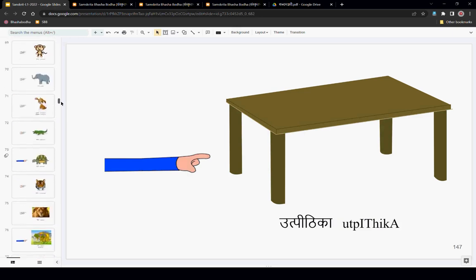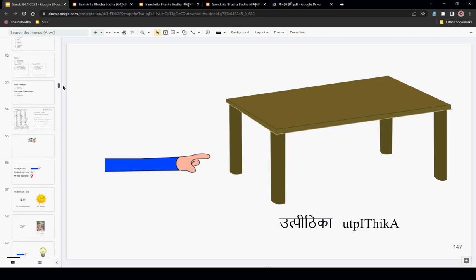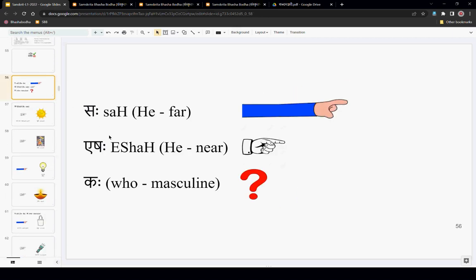And then if you want to ask the question, here, like saha, if it is far away, for Pullinga words. Eshaha, if it is near, Pullinga words. Then kaha, to ask the question. Kaha saha means who is that?